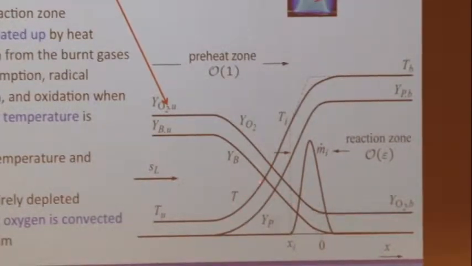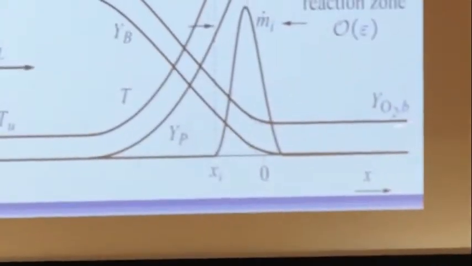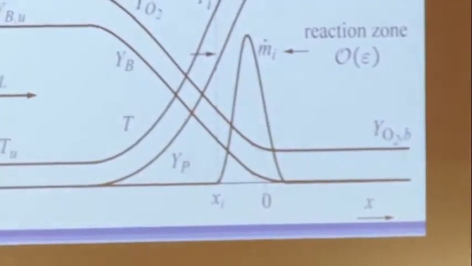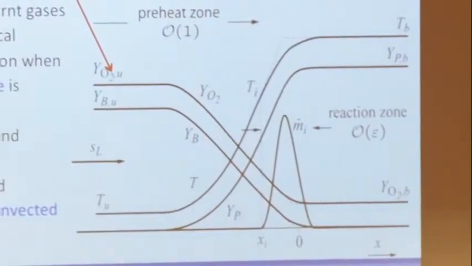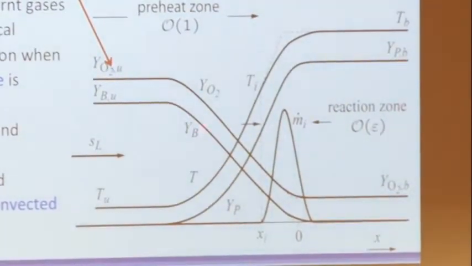At the same time, because the fuel and air are consumed in the burned, or let's say for a lean flame the fuel would be consumed, maybe there's some oxygen left over, but it's much smaller than what you have in the unburned. There's also a gradient of the reactants, and you have the reactants diffusing into the front.